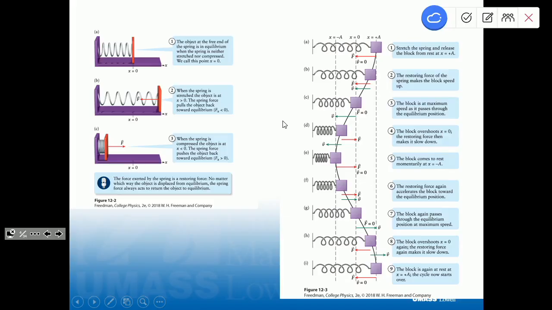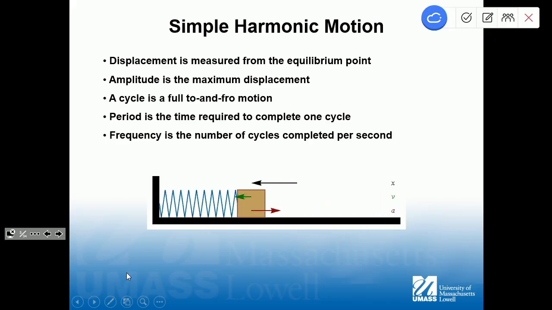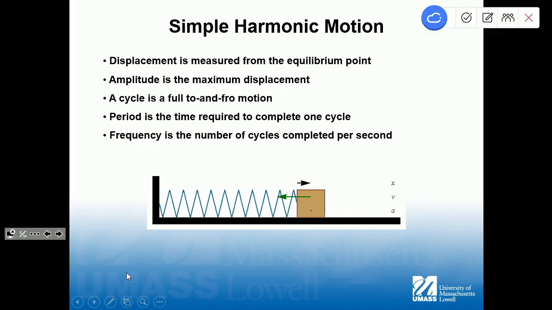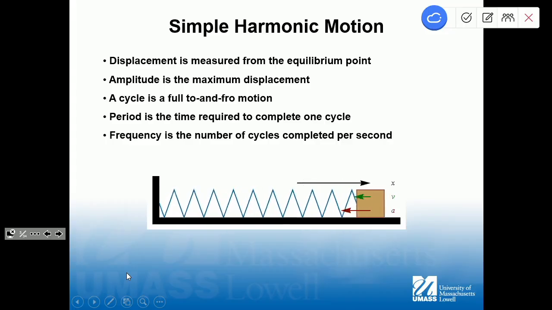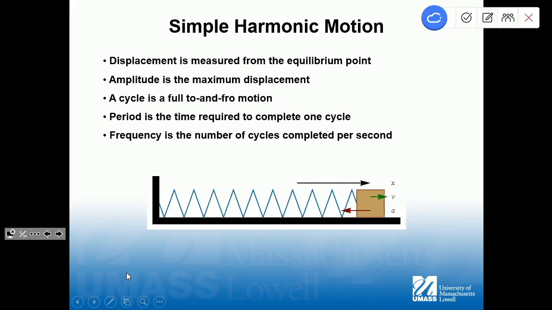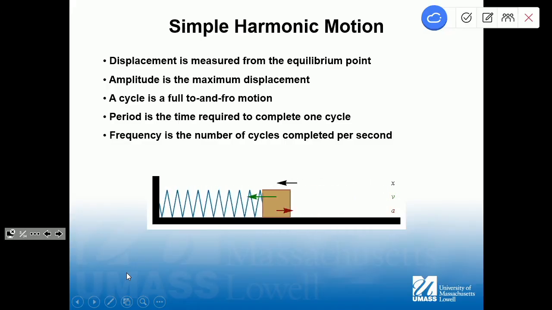Now, this is what the object will do. This slide shows you what that object is going to do, and it's actually better if we look at it this way, actually moving. If you look at the three vectors on that diagram, that's an object, a mass m attached to a spring with spring constant k, and no friction.